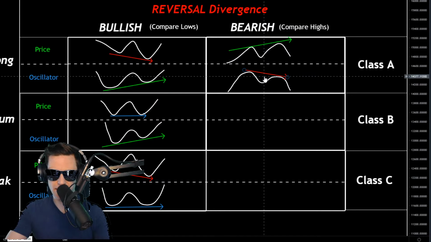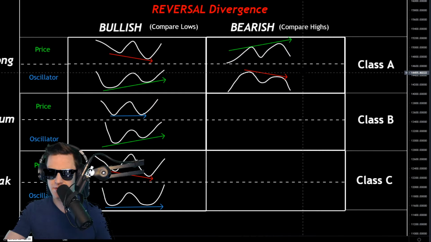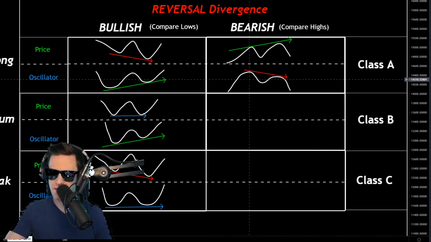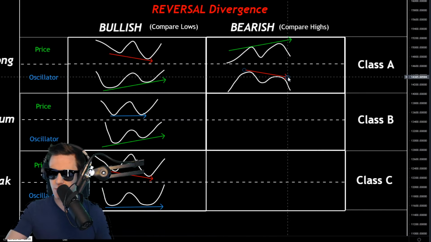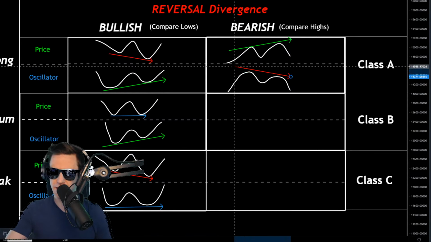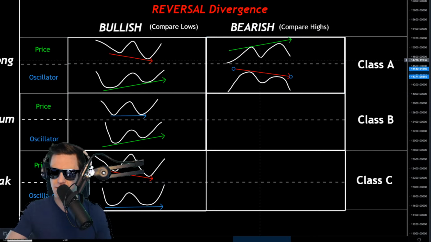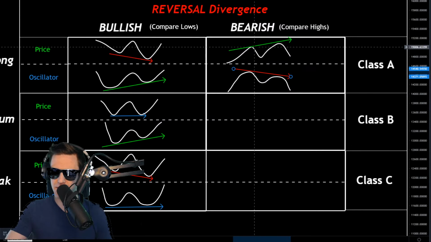So you may be putting in a higher price high, but you're not getting that expected increase in momentum that you should have as you set consecutive higher highs. So that makes sense that this is a bearish signal. This is a signal of potential reversal. Your price is moving up, but it doesn't seem like you have more buyers, or at least you're not attracting buyers at the same level as you were at the previous high.